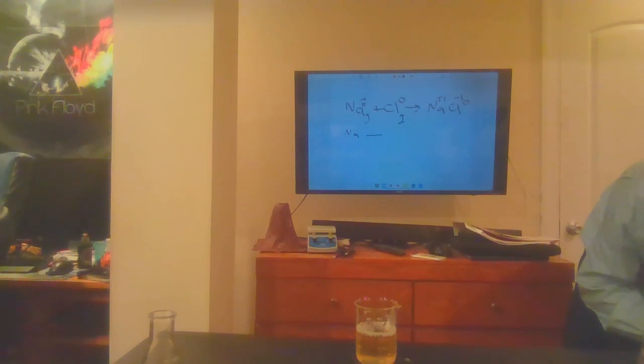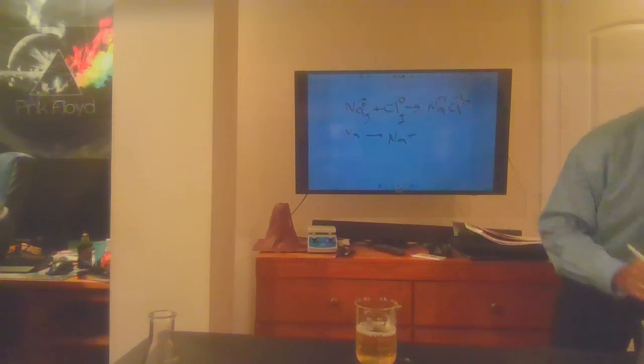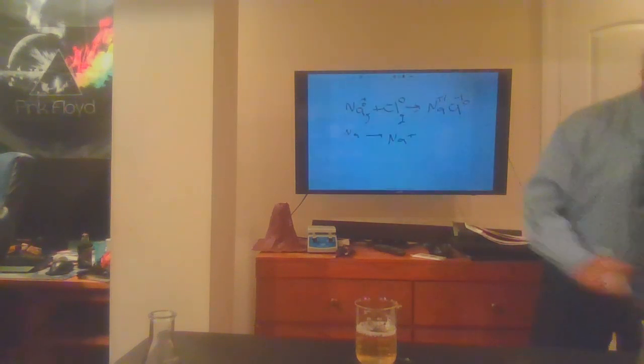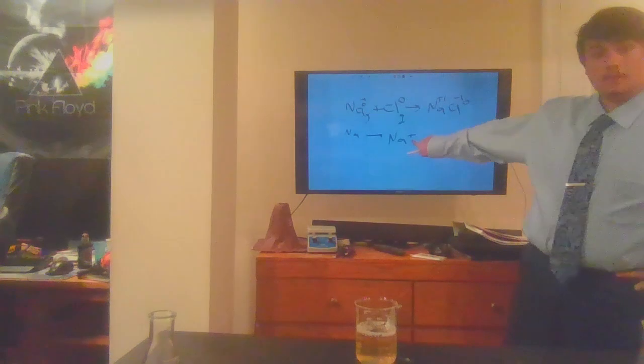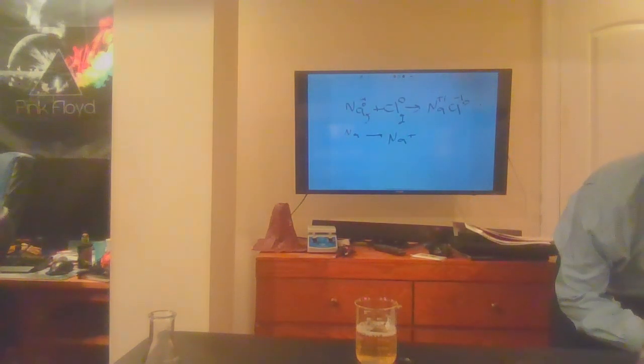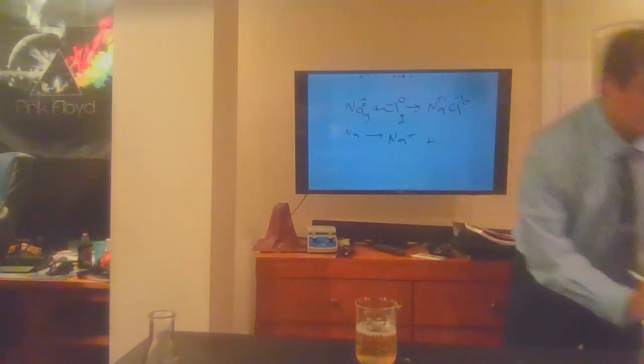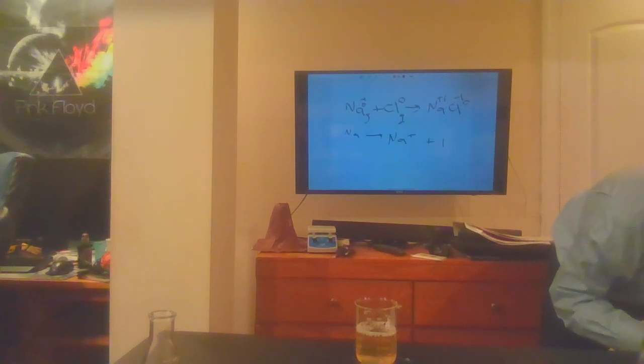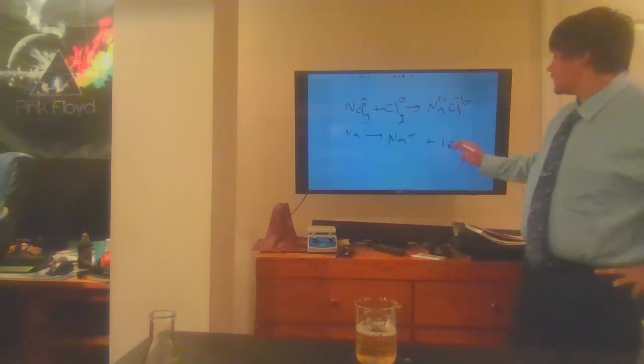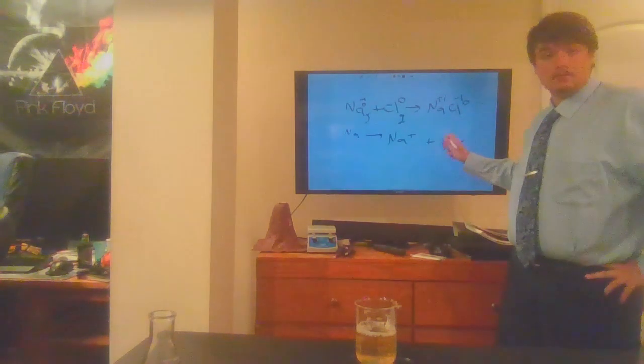That means it's losing electrons. So we put down Na+, plus, to represent the electron movement, we write 1e-. That means one electron is being moved.